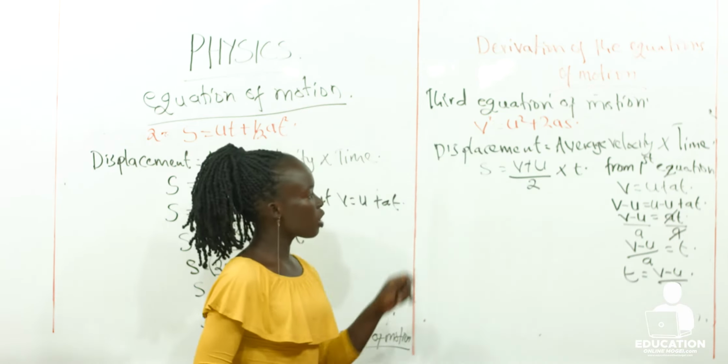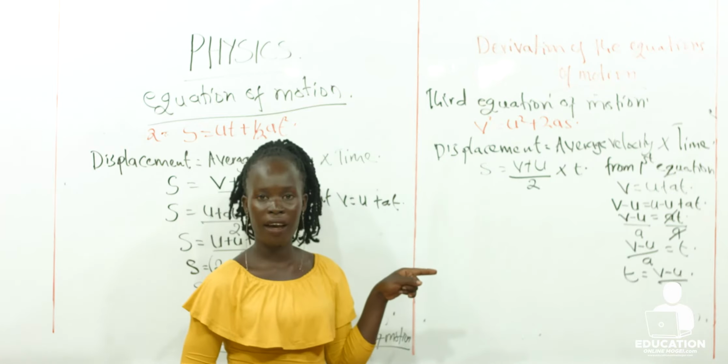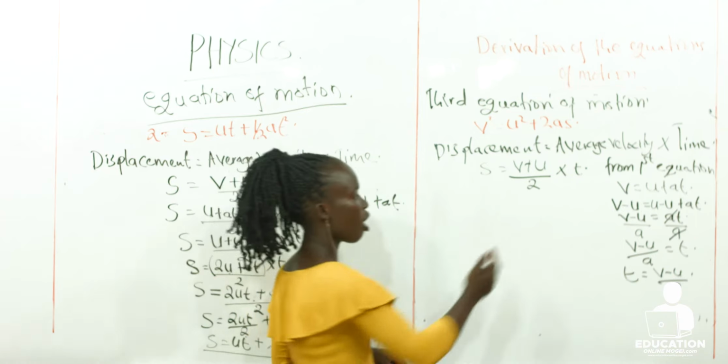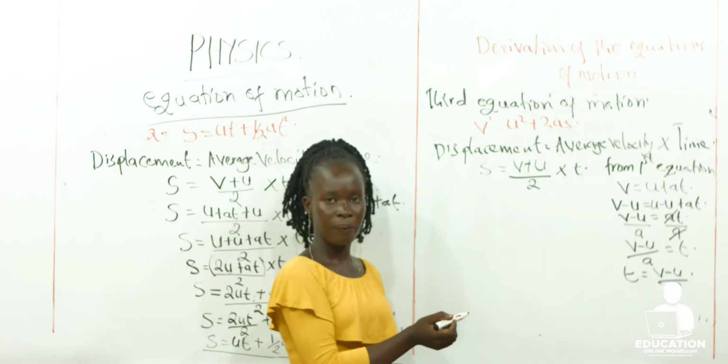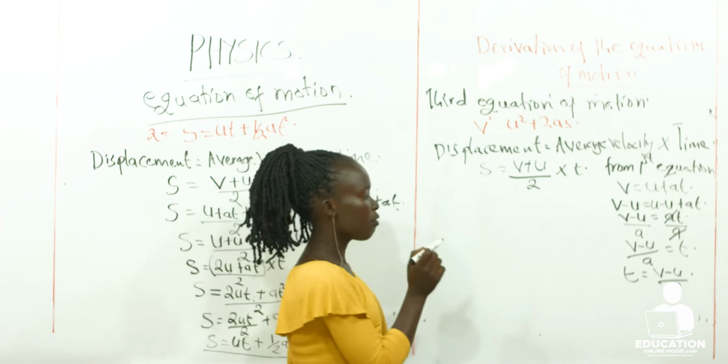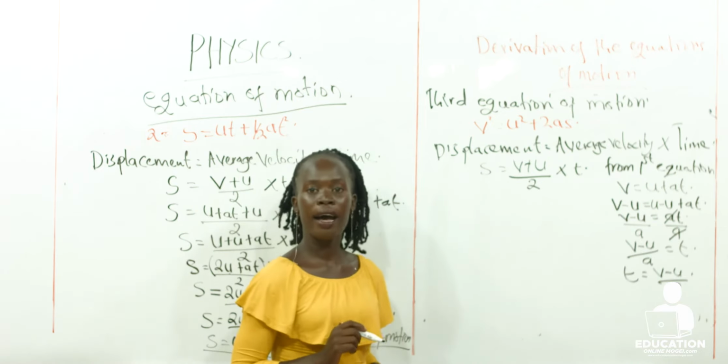We are going to get that value and then substitute it right here in our formula where there is t. Instead of writing t, we write v minus u over a.